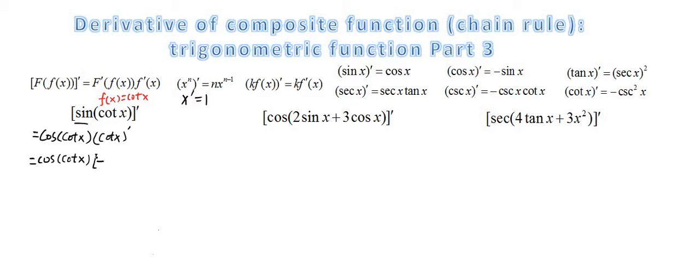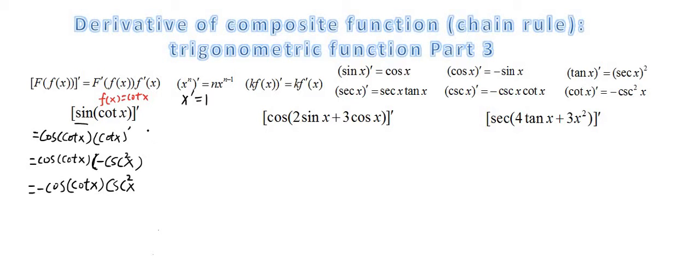So we have negative cosecant x squared, and of course we can simplify it. We can put it like that: negative cosine of cotangent x times cosecant x squared.